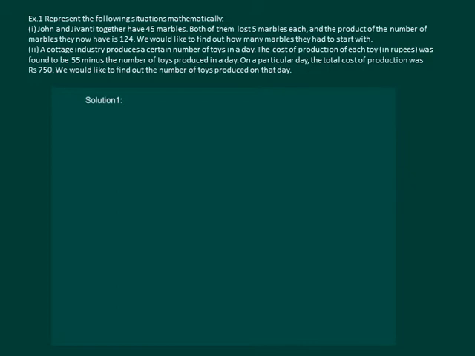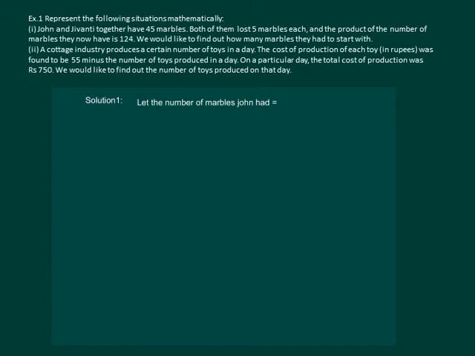Let us read the question. Represent the following situations mathematically. First situation is, John and Jivanti together have 45 marbles. Both of them lost 5 marbles each, and the product of the number of marbles they now have is 124. We would like to find out how many marbles they had to start with.